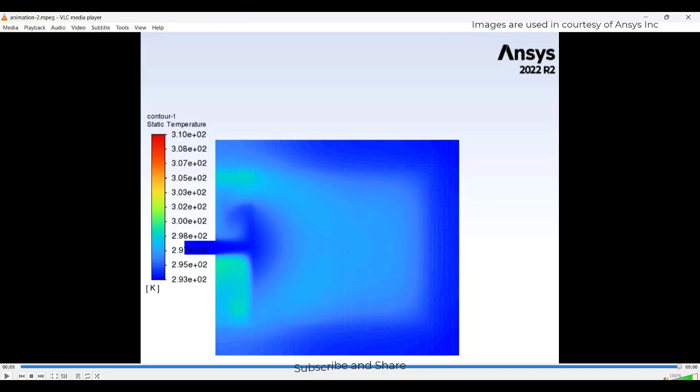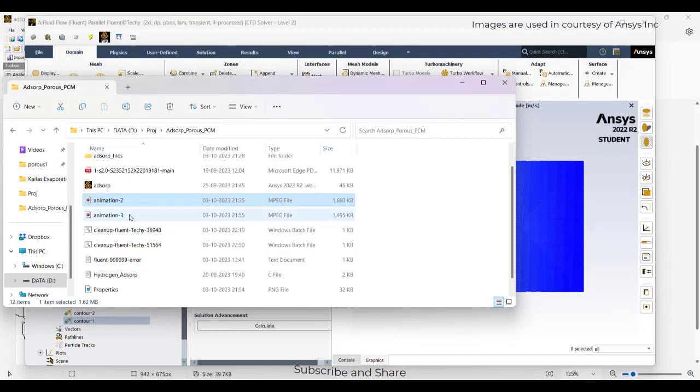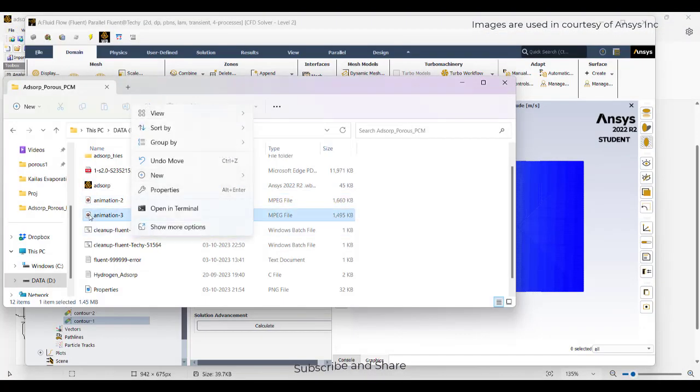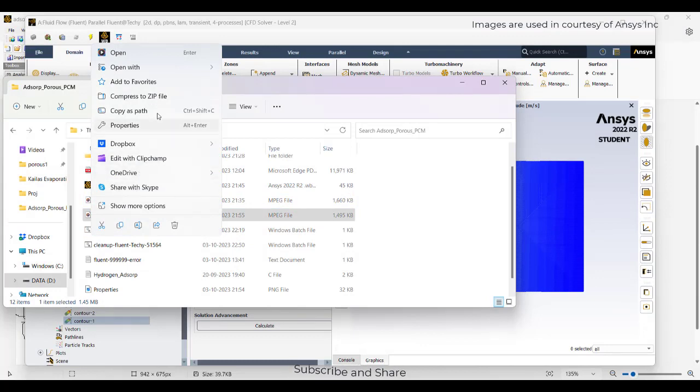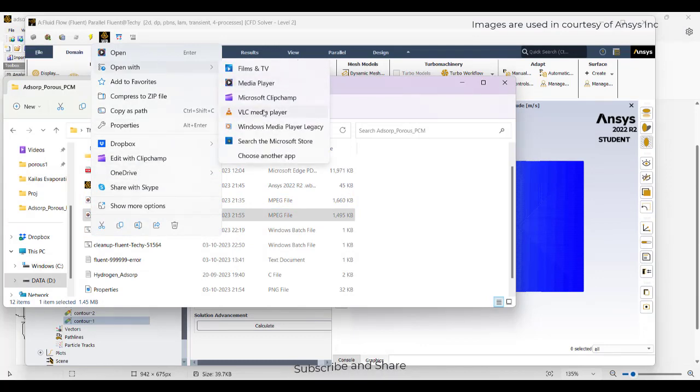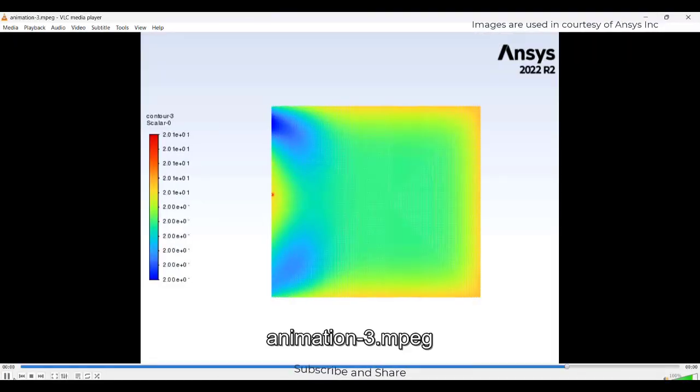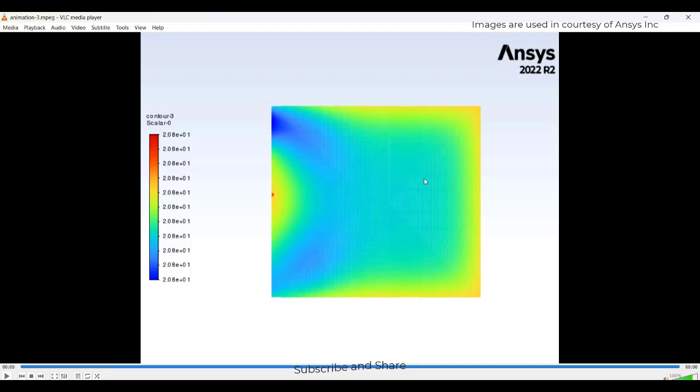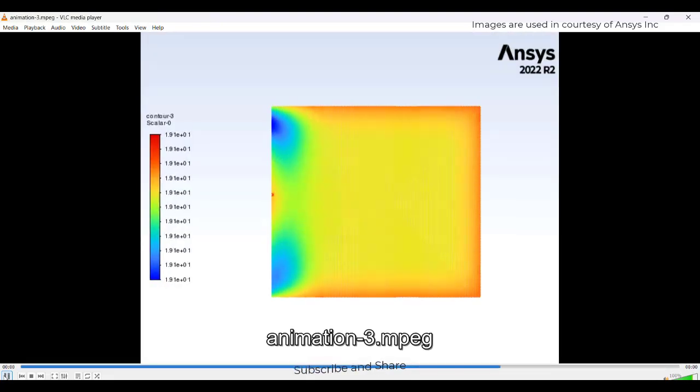So this is the temperature variation, and I will also show you the amount of hydrogen that is being deposited into the carbon. This is a user defined scalar, this one. You can see more hydrogen is being transferred, and when it is transferred it is getting deposited onto the carbon, and at the edges you can check how it is more in nature compared to the center point.